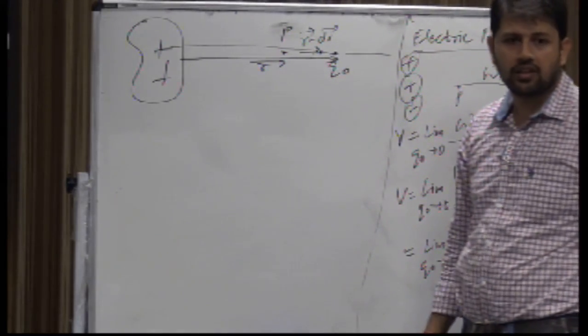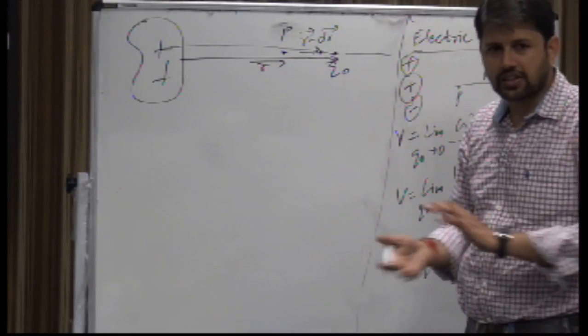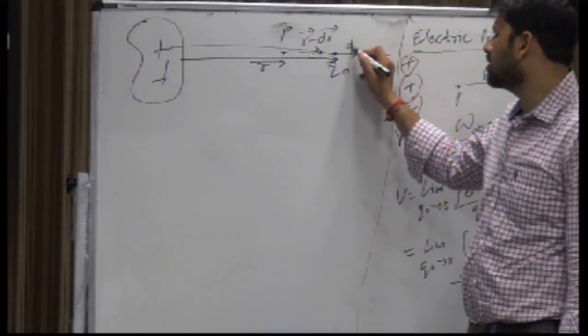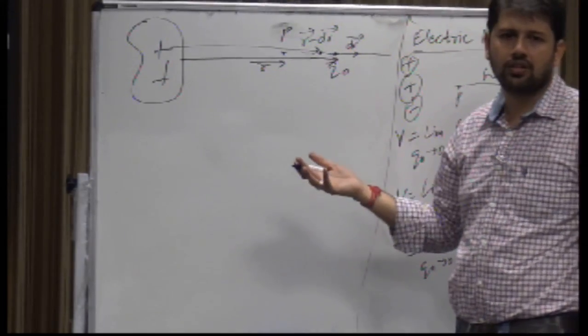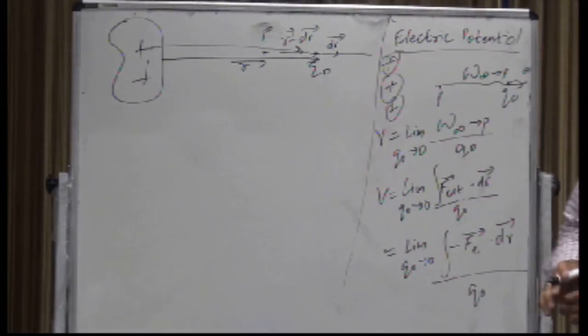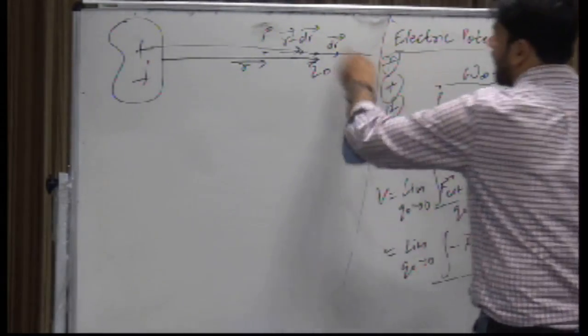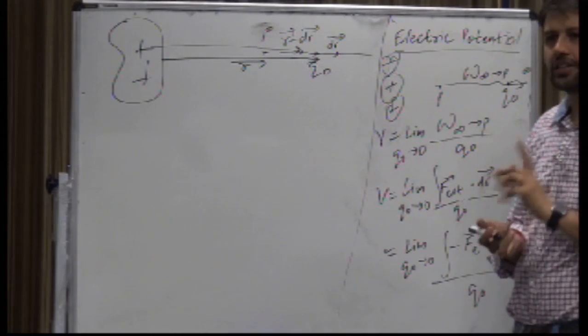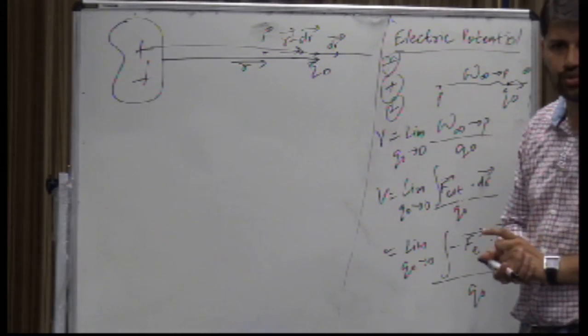Is it okay? Either you take care of the sign, or you can assume that for a small portion the charge went outward. This would give you a positive dr, and while integrating you can take the limits reverse, that infinity to P, doesn't matter. Is it okay? That's what NCERT is doing.